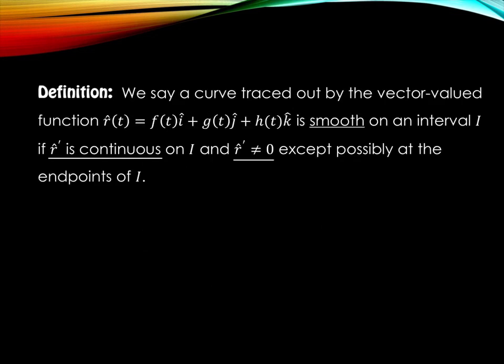Now, take a look at what this says. We want to make sure that r prime does not equal 0. R prime is a vector. What does it mean for a vector to equal 0? Right? If I have a vector, even a three-dimensional one, what does a 0 vector look like?